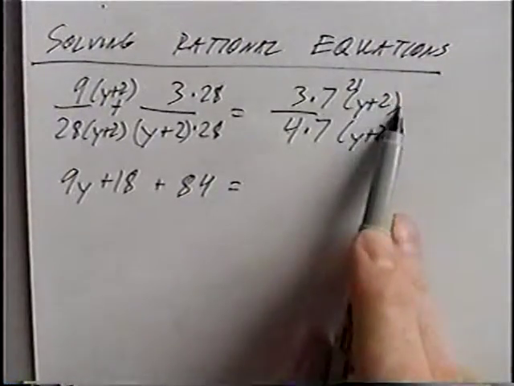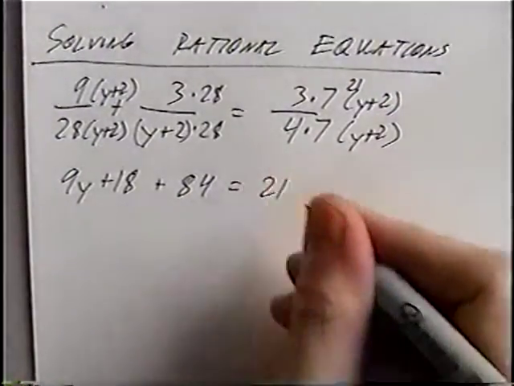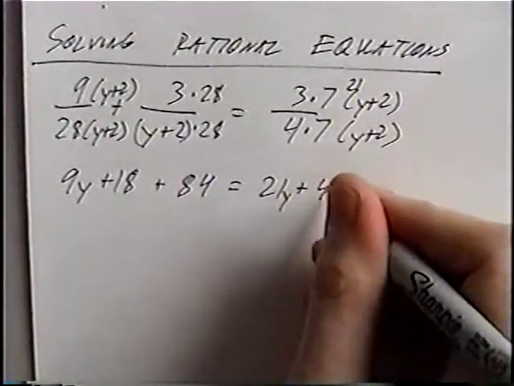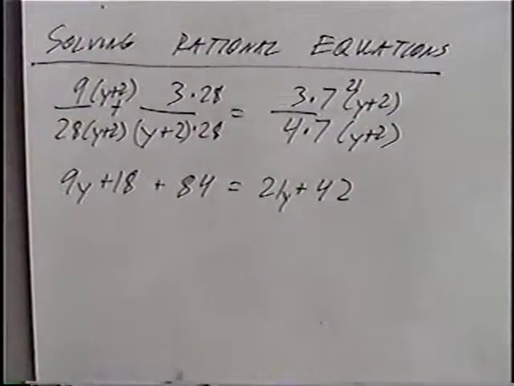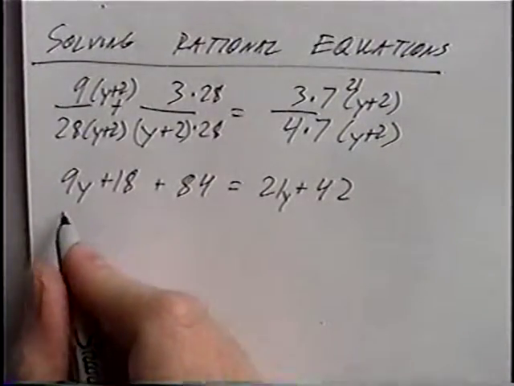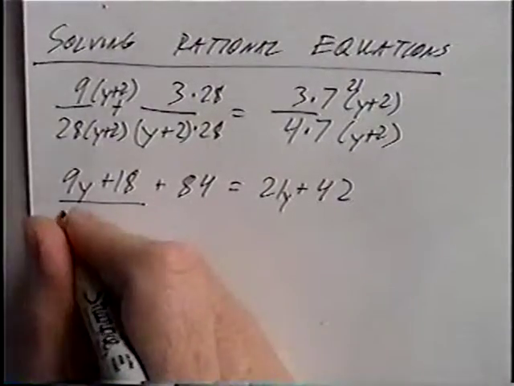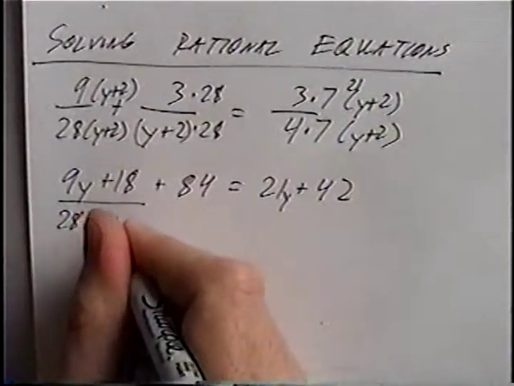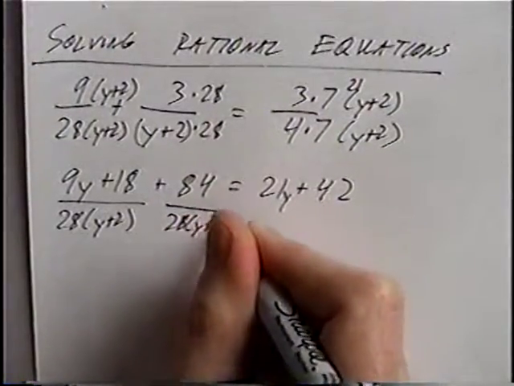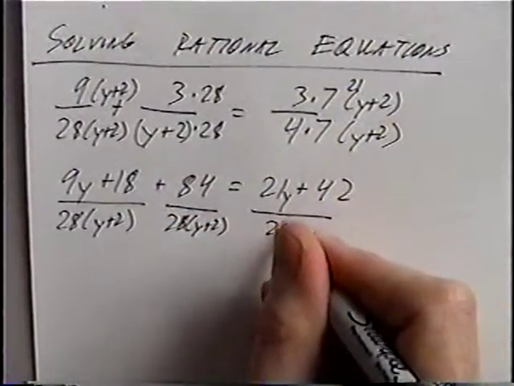And we can distribute this 21 to 21y plus 42. The denominator on each of these is the same. It would be 28 times y plus 2, 28 times y plus 2, and 28 times y plus 2.